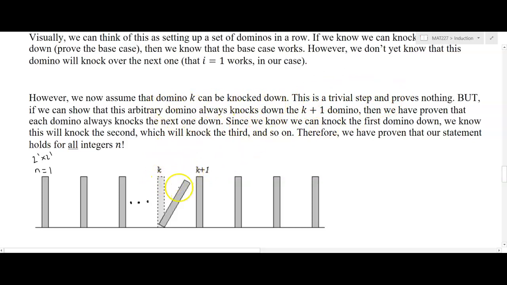That essentially our statement is true for n equals k. This is a trivial step and proves nothing, right? Because you can say, well, assume it works for all of them. And in theory, if you assume that, then by assumption, you've proven your claim, but it's not good to assume what you're trying to prove.